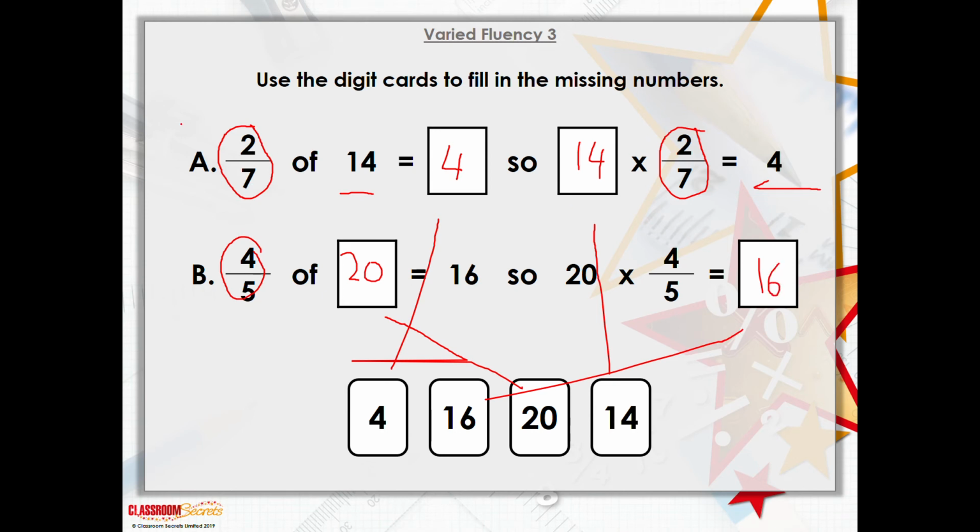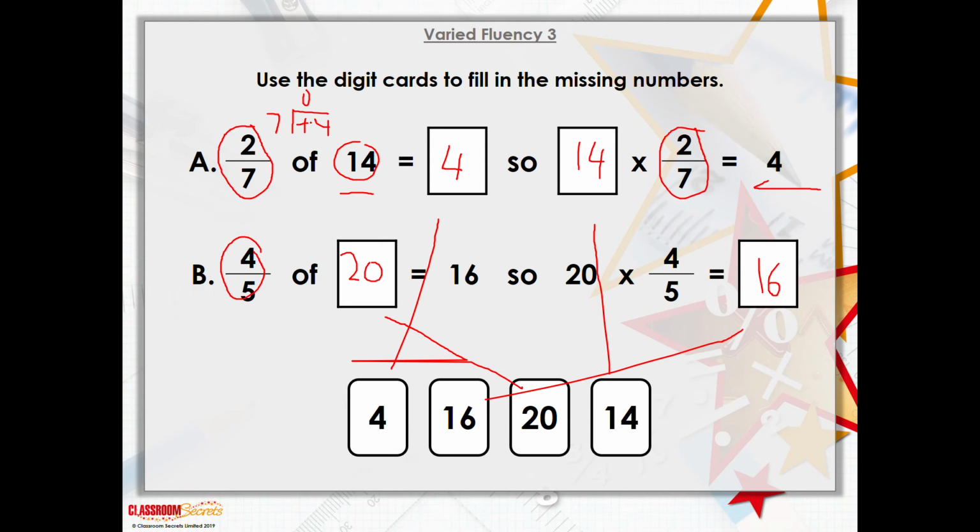So 2/7 of 14. So again, our amount here is 14. We need to divide this amount by the denominator, which is 7, represents sevenths. And I want to find 1/7 first of all, and then multiply by the numerator to find 2/7. So 7 into 1 goes 0.